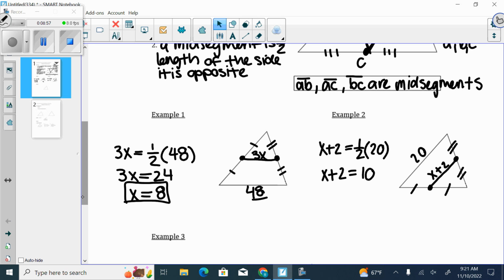So what is x? Good. Good job. Okay, so we kind of understand now the property for how to find maybe a missing side length or a missing piece within a side length. Now let's talk about using that other property.